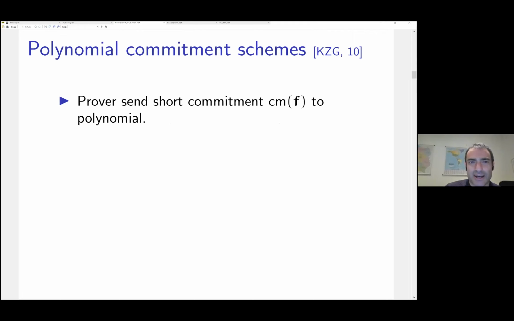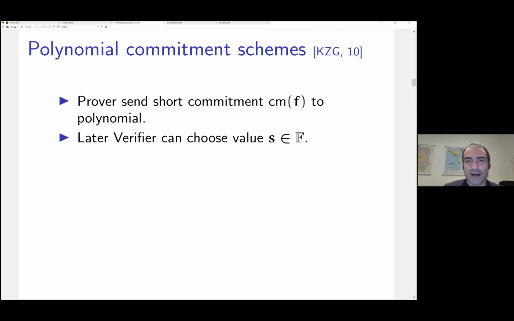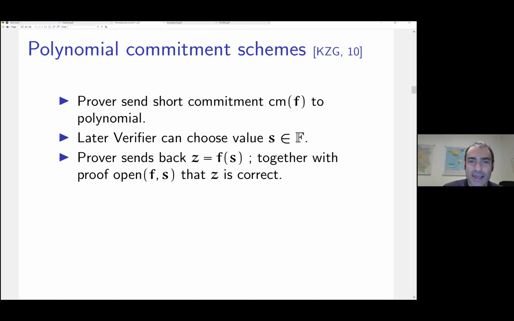So the prover sends some short commitment to a polynomial. Later, the verifier chooses some value s in the field. And then the prover sends the value f of s, or sometimes we can think of that value being known in advance or being sent before.